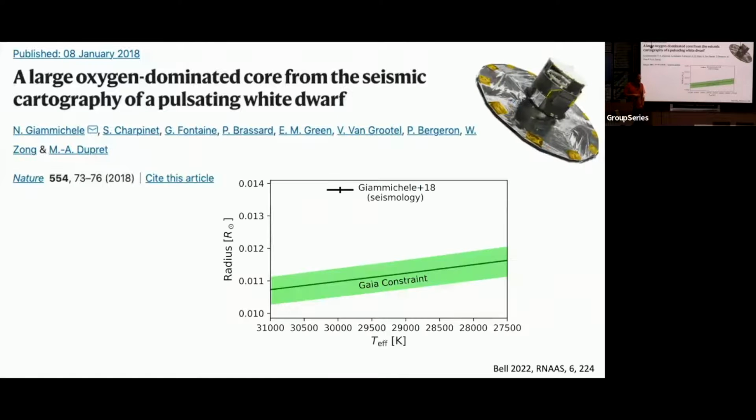But when I looked at the Gaia data, they produced a constraint on the radius of this system that was like 6 sigma discrepant with the radius constraint from asteroseismology. So this is still the best result for the field of white dwarf asteroseismology that anyone's acquired.